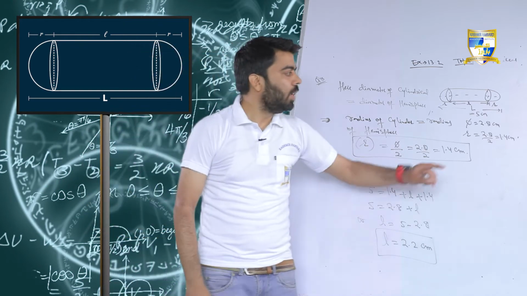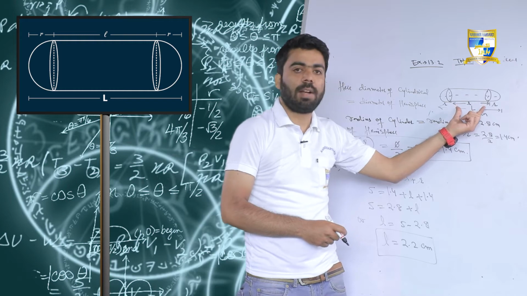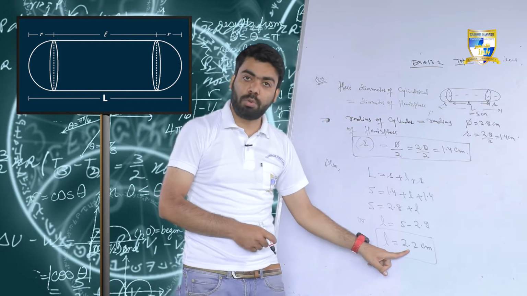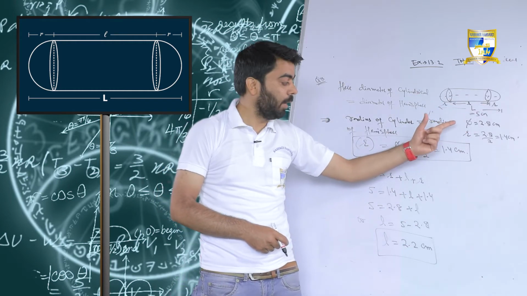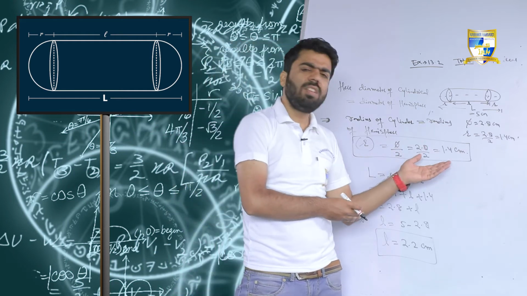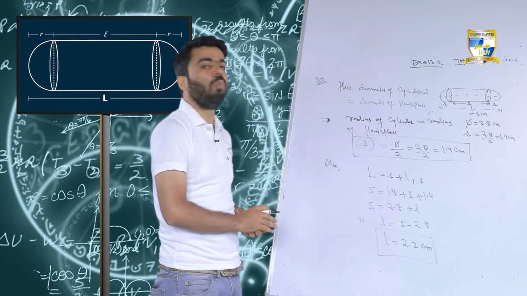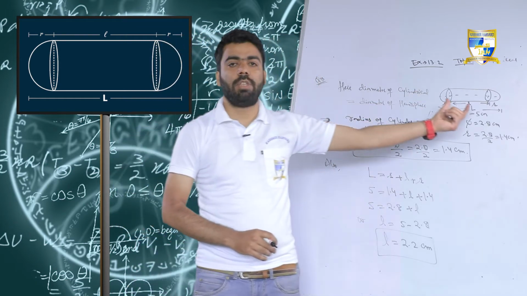So we found that the length of the cylindrical part is 2.2, the radius of the cylindrical part is 1.4, and the radius of the hemisphere is 1.4 centimeter. Clear?